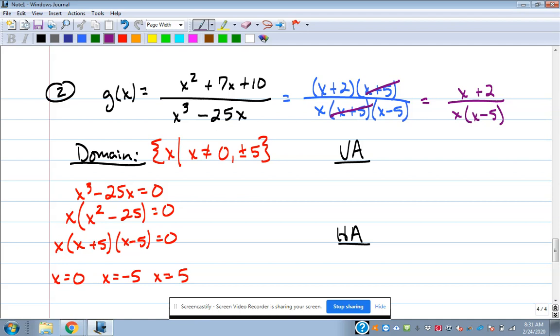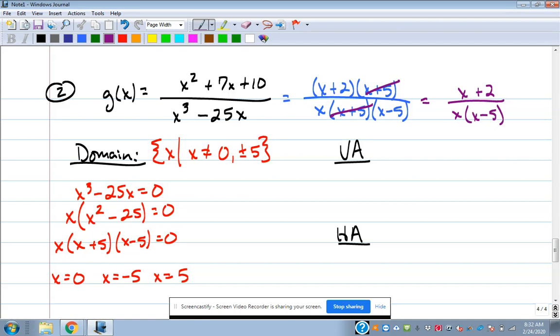So just leave it in that factored form. That's the way that we will generally leave things. So now let's look at vertical asymptotes, because this is where, when things cancel out, vertical asymptotes change from what the domain was, right? So which one of these 3 things here did we lose when the x plus 5s canceled out?